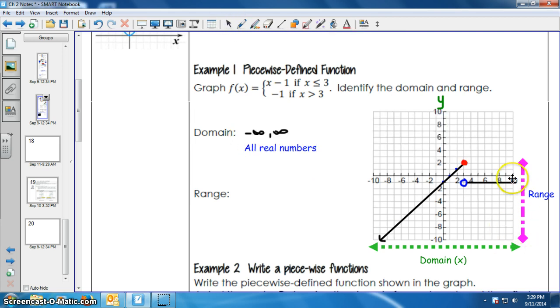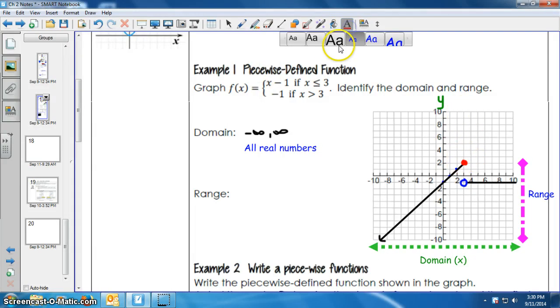So let's take a look at our range then. Our range is definitely heading down with this line right here heading down to negative infinity for our y values, but it's stopping. See how there's nothing up here past that 2? So since that's happening, we're going to have all real numbers except for those numbers greater than 2.